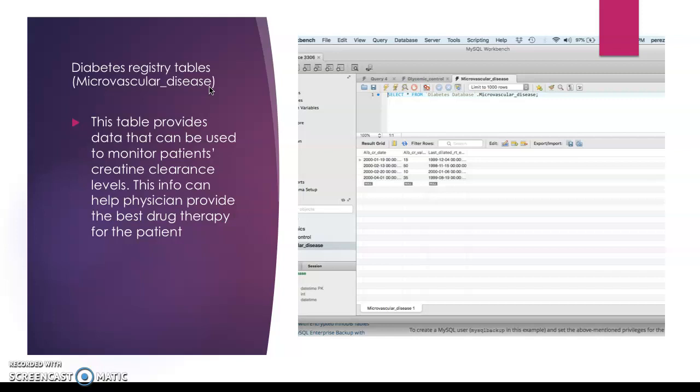With the information provided in this database, a quick query can help providers make the best drug therapy decision for a patient, because pulling this information lets you know what the patient's creatinine clearance has been in the last couple of months or years, and because of that you can tell how this patient's kidneys or liver can sustain all these medications that the doctor is prescribing. So using this information, the doctor can make the best judgments in prescribing the best medication for the patient.